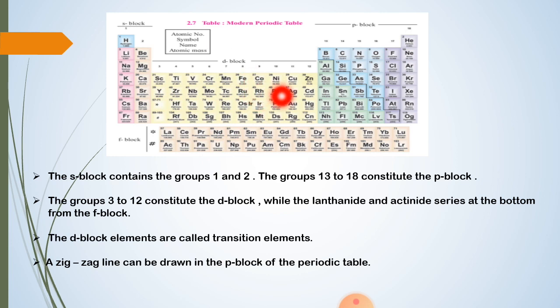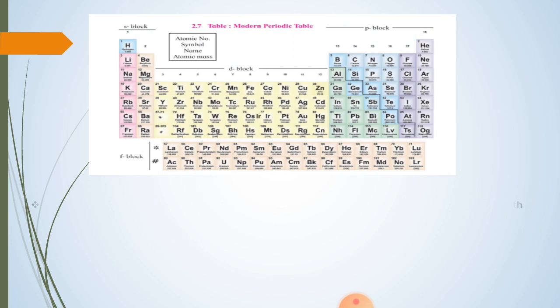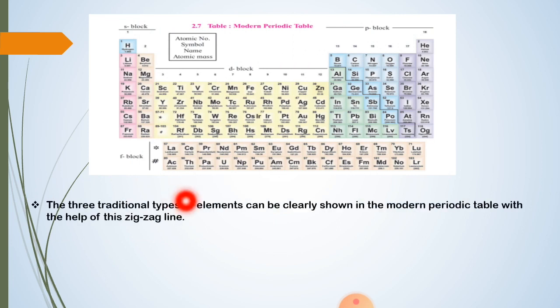Here you can see a zigzag line drawn in the P block of the periodic table. The 3 traditional types of elements are clearly shown in the modern periodic table with the help of the zigzag line. On the left side there are metals, on the right side non-metals, and on the line metalloids.